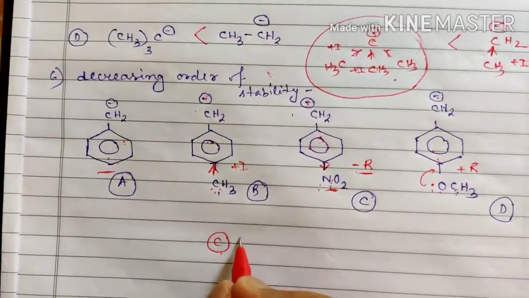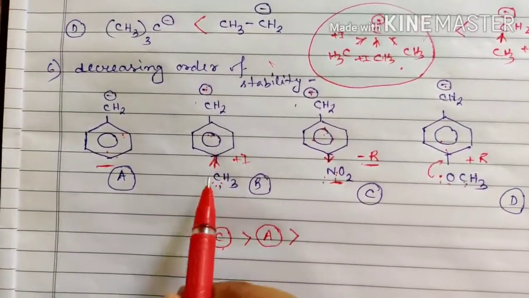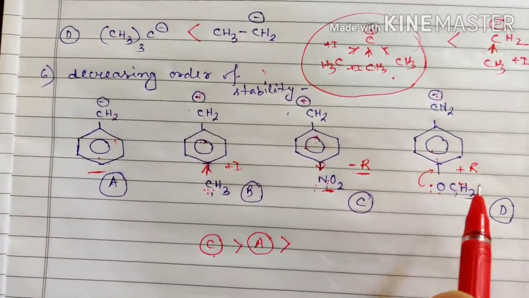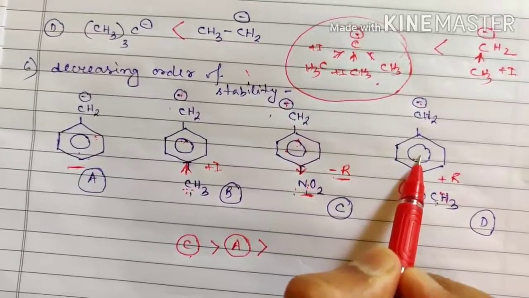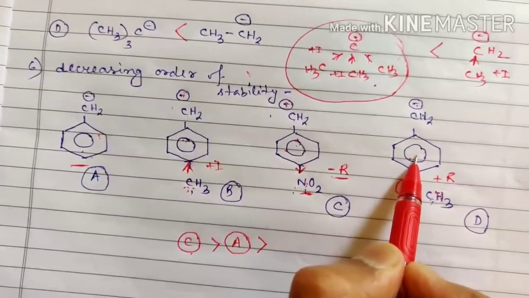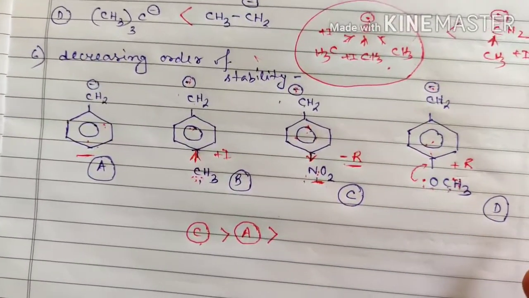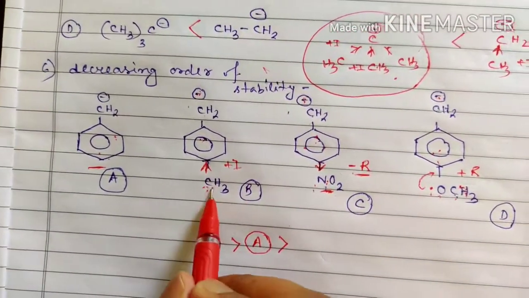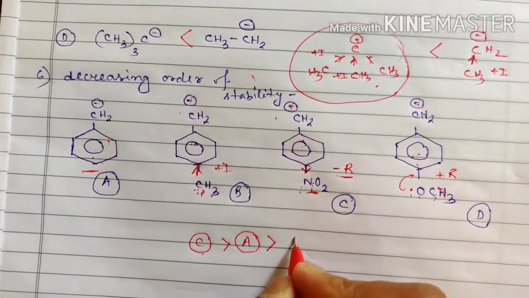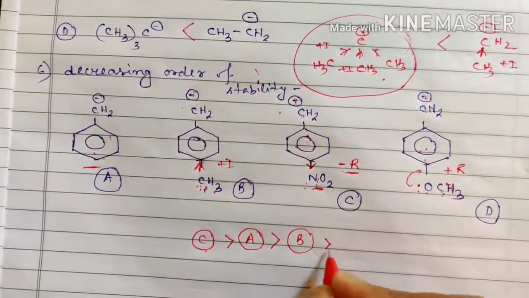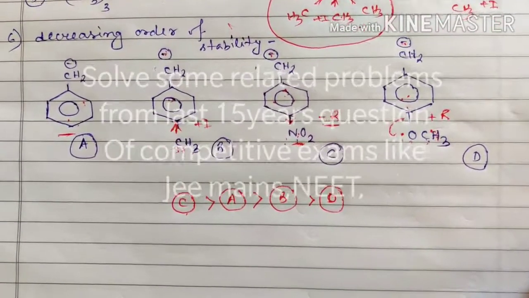So after C, A will be more stable, followed by these two. Out of these two, here the capability of pushing the electrons into the ring will be more. The ring will be a further electron rich compound, so the negative charge will be comparatively less stabilized. So this one will be a little bit better in terms of stability. So option B, then option D. This will be the correct order.